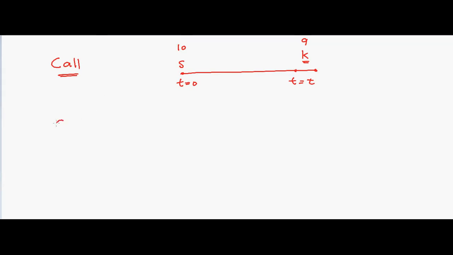So the value of call will be equal to S minus K, right? However, K we are paying at the later time. So what would be the value of K right now?